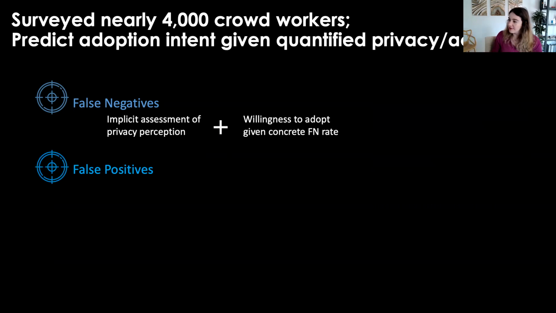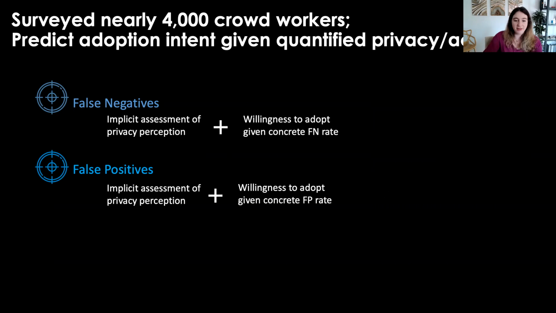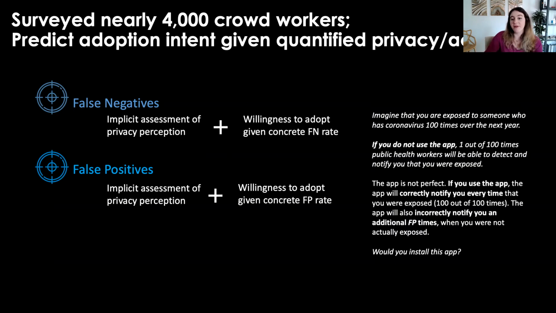Okay, we want to do the same thing for false positives, right? So we do the same implicit assessment of privacy, and then we give them a false positive rate. We say, imagine you're exposed to someone who has coronavirus 100 times over the next year. If you don't use the app, same thing, 1 out of 100 times, public health workers will detect and notify you you are exposed. The app is not perfect.